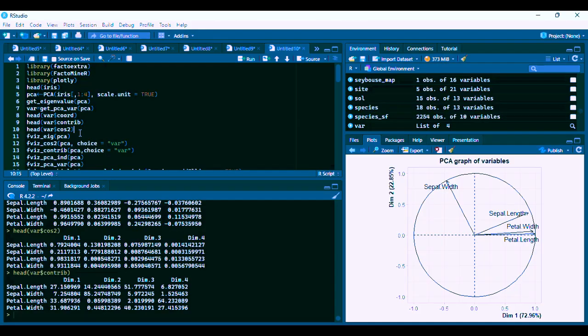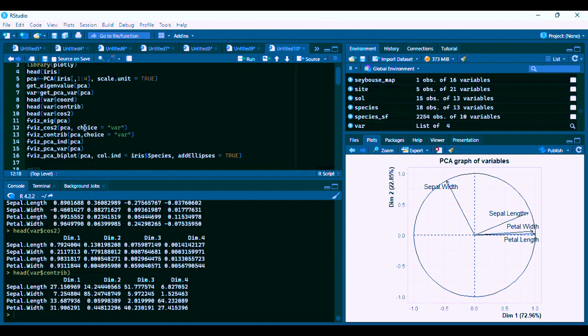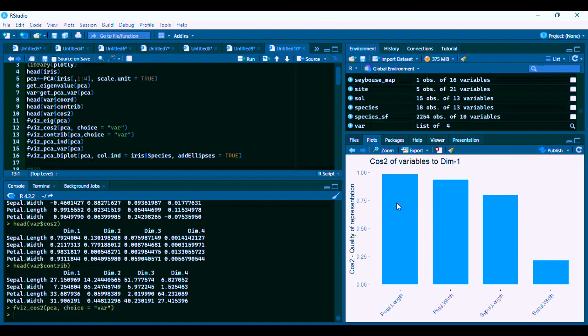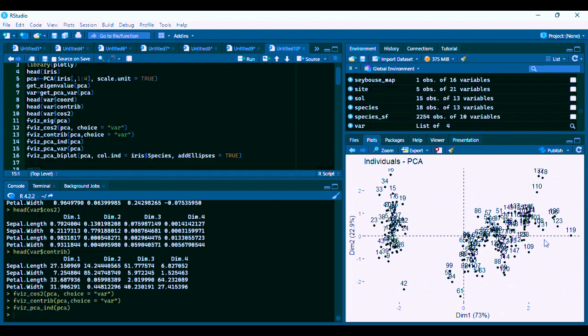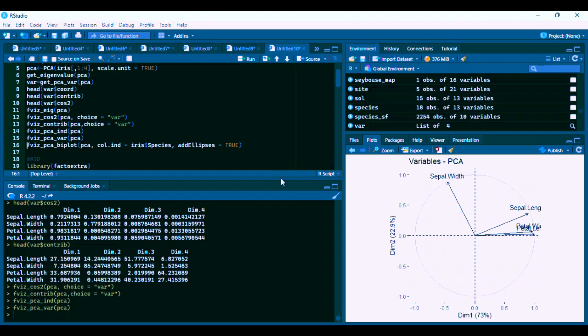Moving now to drawing the PCA, we can draw the results of cosine squared, or visualize the contribution value for each variable, using this command: fviz_pca_ind to draw only the individuals, and this one to select and show only variables.